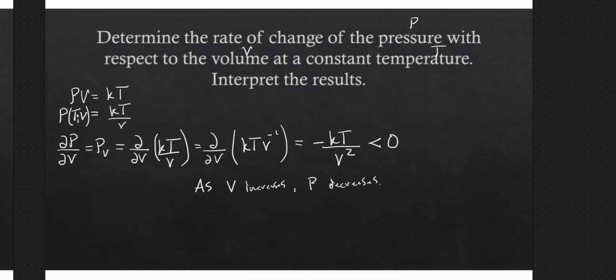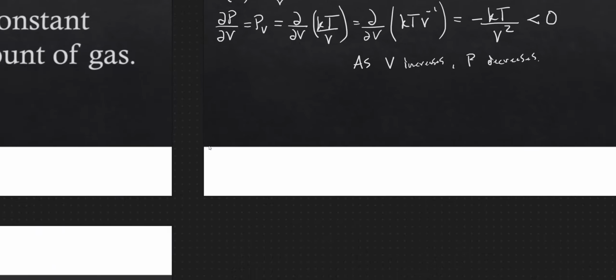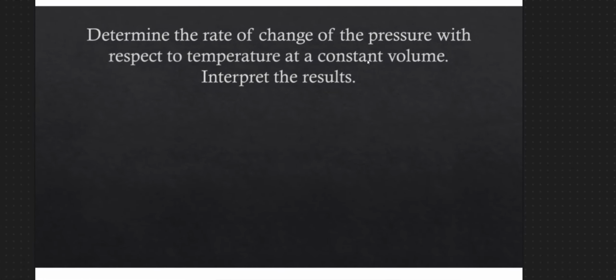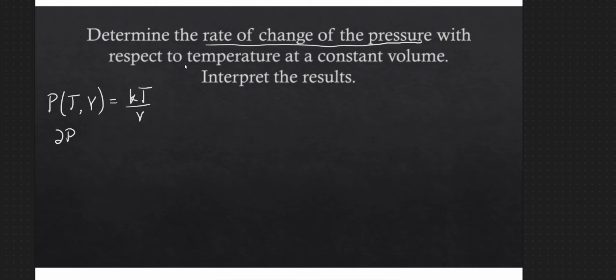All right, we do have a function here of two variables, so we might wonder something else. What about the rate of change of pressure with respect to temperature? Again, I have this pressure function as a function of temperature and volume, which looked like KT over V. Now I want the rate of change of pressure, so that's the partial derivative of P with respect to temperature, and volume is constant there.